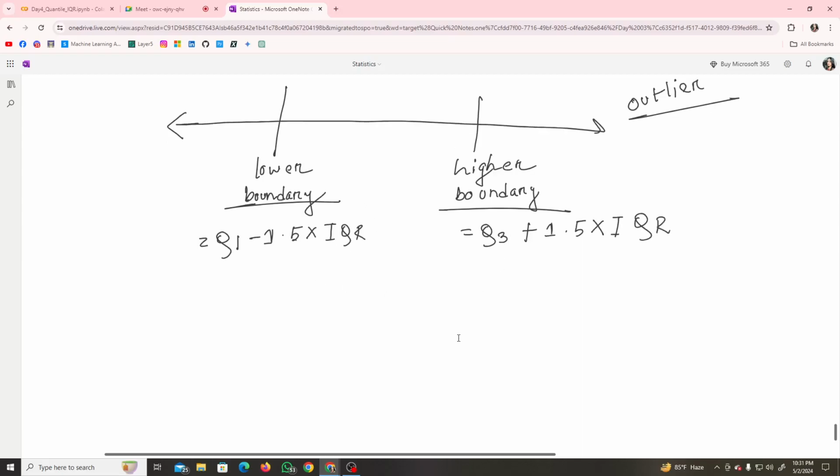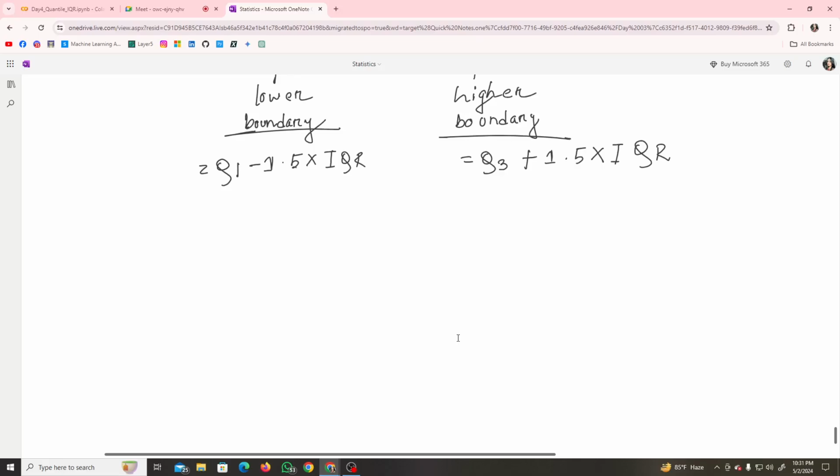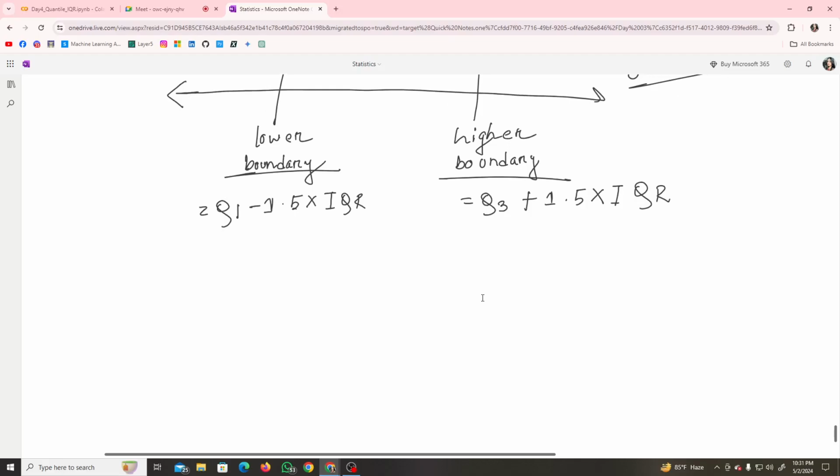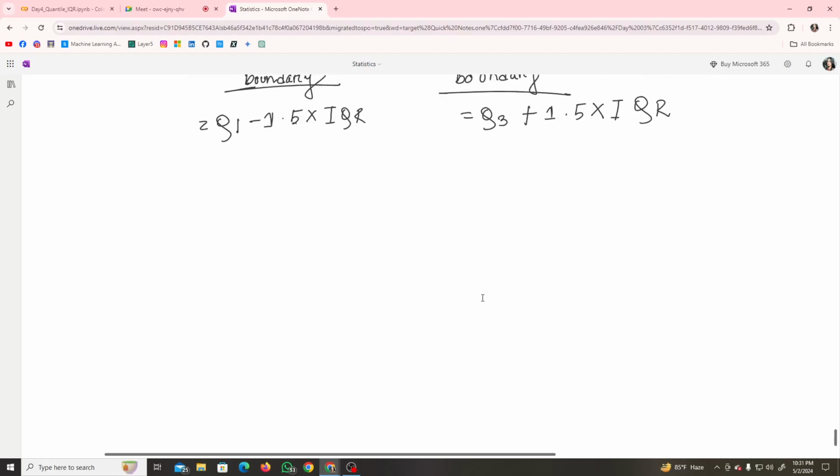After that, what are you going to do? To find the lower boundary, firstly you have to find the Q1, as we don't know what our Q1 is, and then we have to find our Q3, and lastly the IQR or interquartile range. To find Q1, we will use the same method as in the previous example.